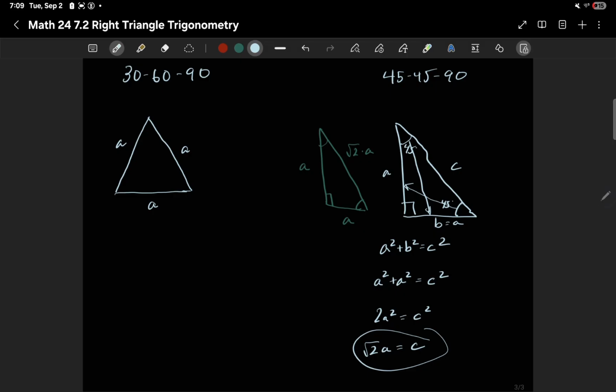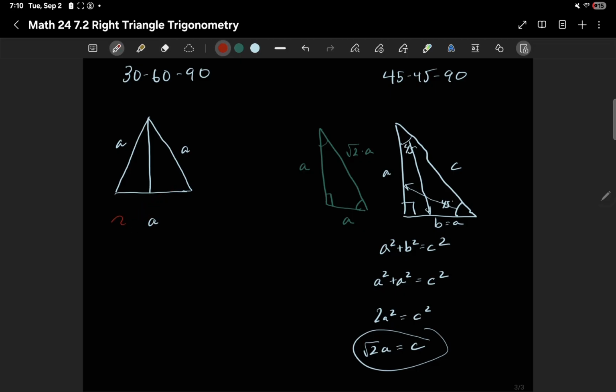Okay, well, if we split this triangle straight down the middle, now rather than this side length being A from here to here, let me give myself a little bit more space. Let's fix that. I'll just redraw this.